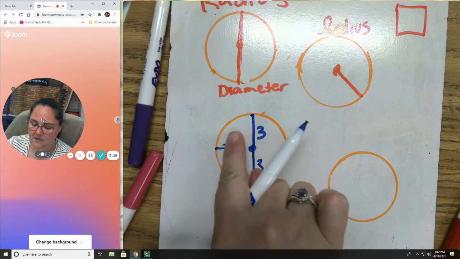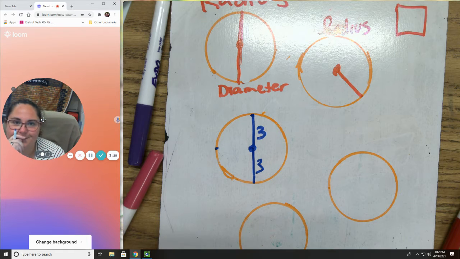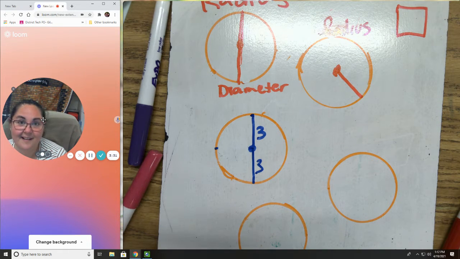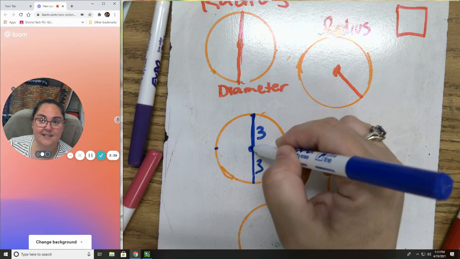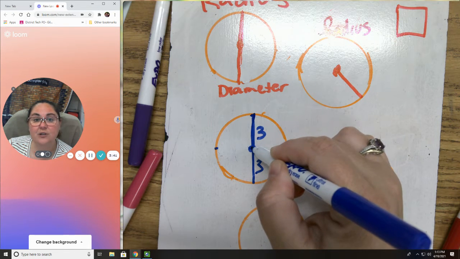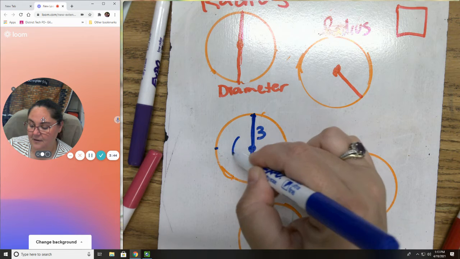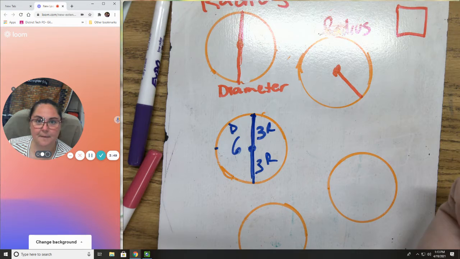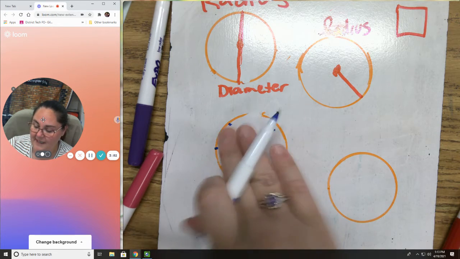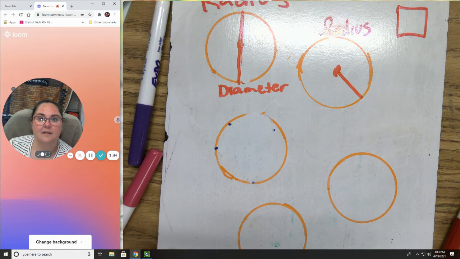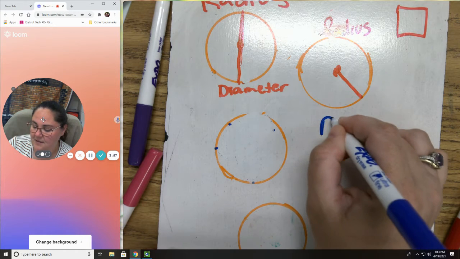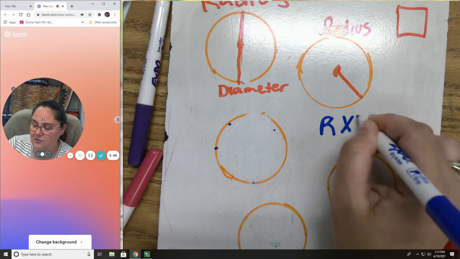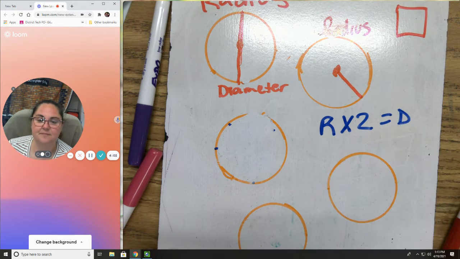What do you notice? Now, my radius looks like a diameter. So if my radius is 3, I can multiply that by 2 to find my diameter. Does that make sense? If you have the radius, you multiply that by 2 to get your diameter.